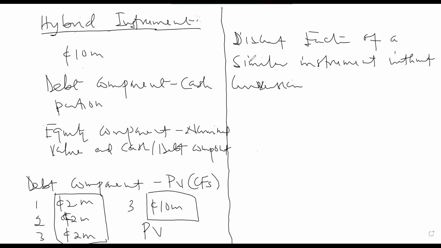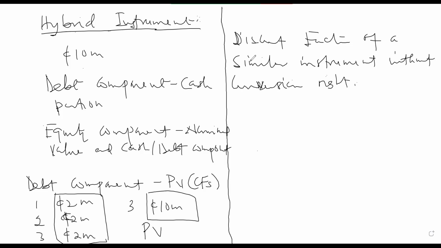So the issue is, if we are saying that we are going to convert this at the end of the period, first you account for it as if there's no conversion for the three periods, before the people exercise their conversion right.